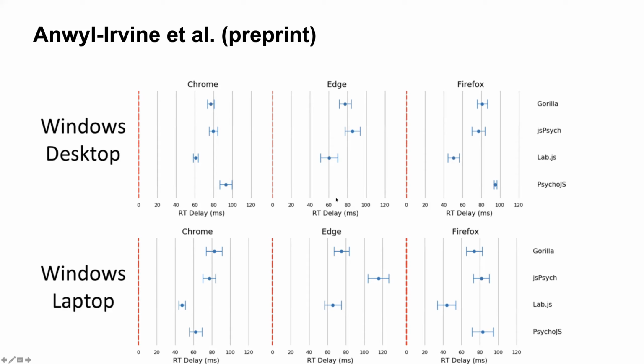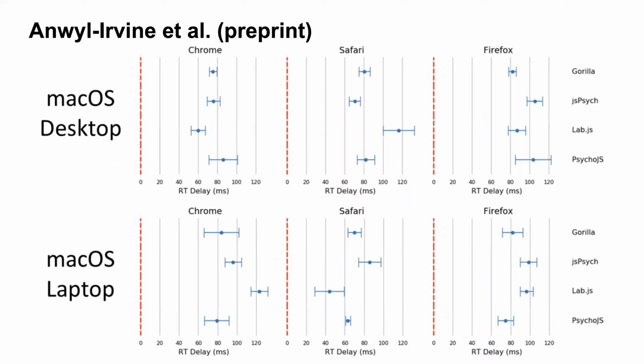Some platforms have better RT registration, but it's not horrible. Between operating systems, Windows and Mac are pretty similar. If we look at Mac, across all the browsers it's about 80 milliseconds, at least for Gorilla.